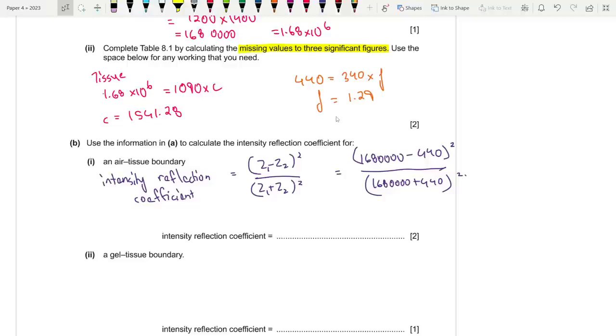So (1680000 minus 440) whole squared divided by (1680000 plus 440) whole squared. Now that gives us a value of 99%.